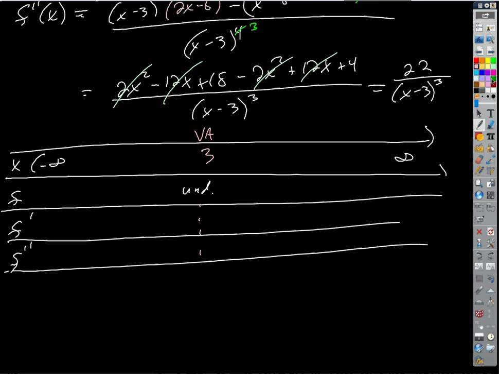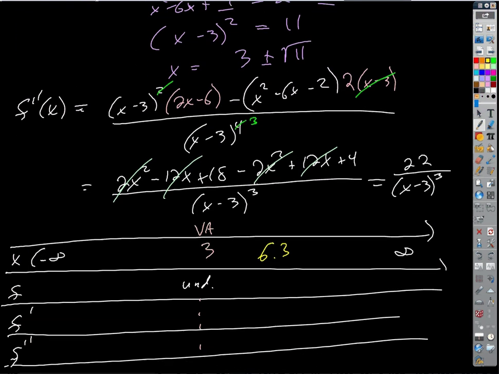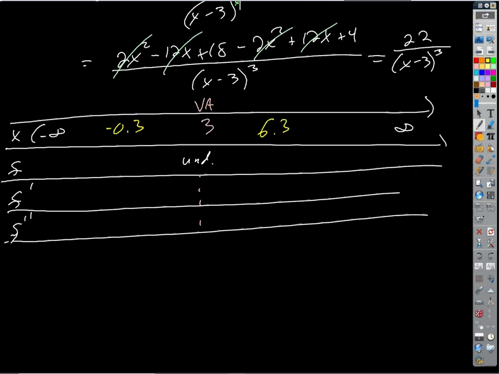What is that real quick? The plus is 6.3. And then the minus is going to be something like negative 0.3-ish. And so those are zeros of the first derivative.